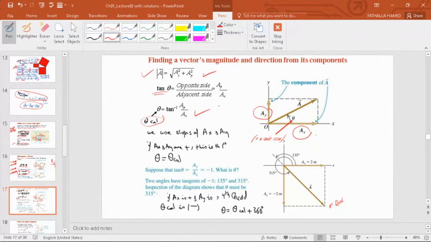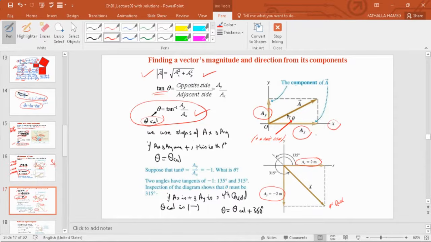Now, in textbooks, things are always done relative to the positive x-axis. And we can use this rule for any vector, but we have to be careful. So now, when you are looking at vectors, let's take a vector here in the fourth quadrant. For this vector in the fourth quadrant, my AX is positive and my AY is negative.